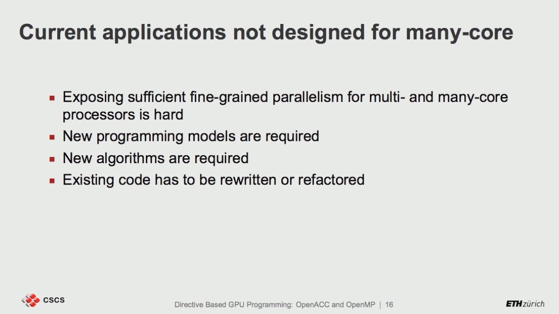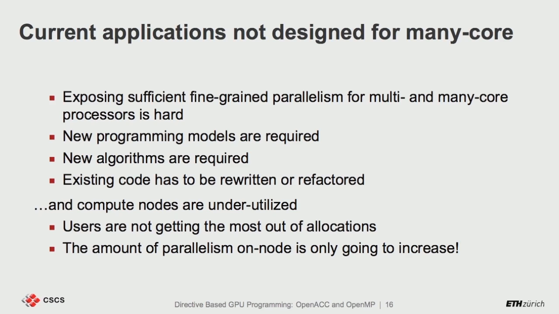And unfortunately, this old code usually has to be rewritten or refactored. And that's also the purpose of these directives and directive-based programming, because it makes this task less tedious.